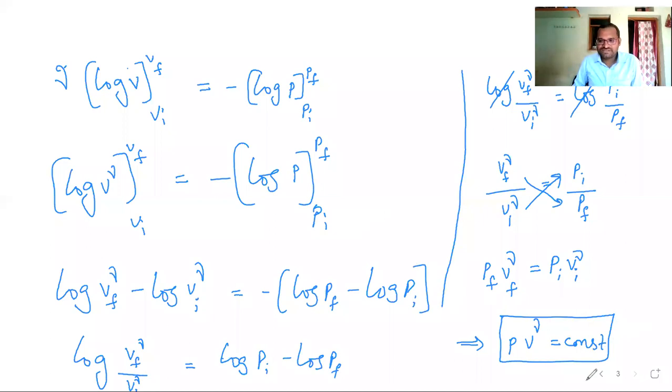See students, if you take isothermal process, what you will get? Temperature is constant. That implies PV is equal to constant.